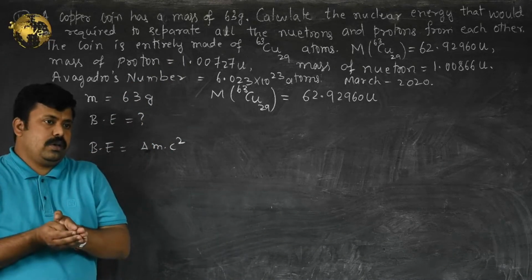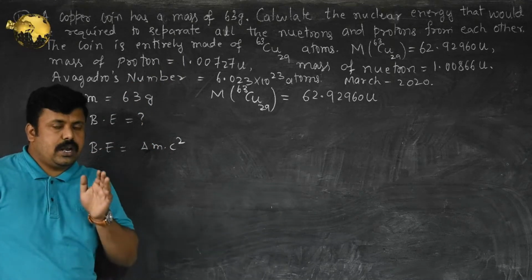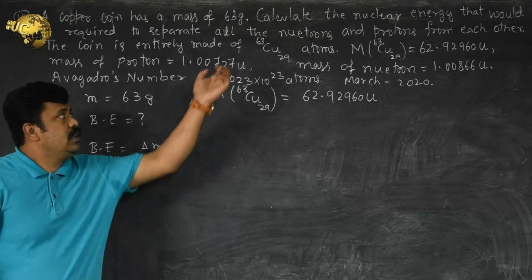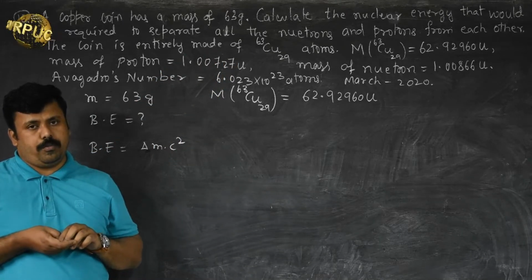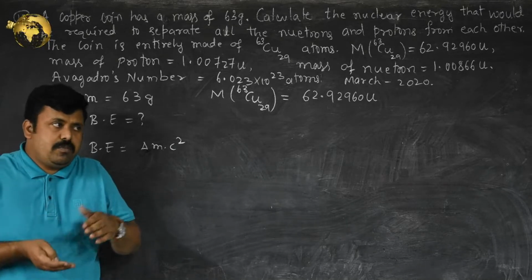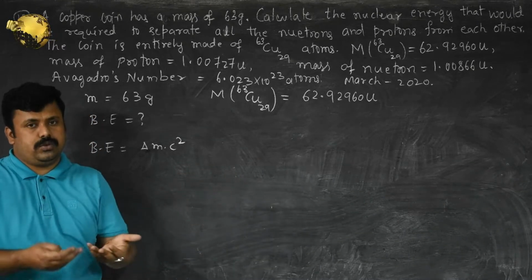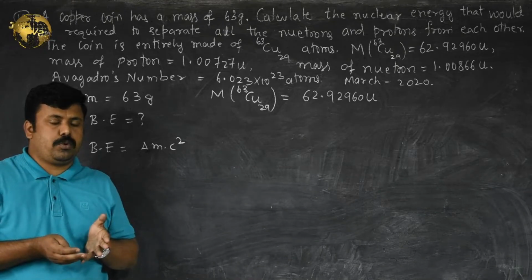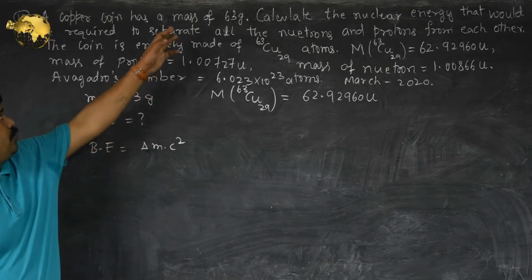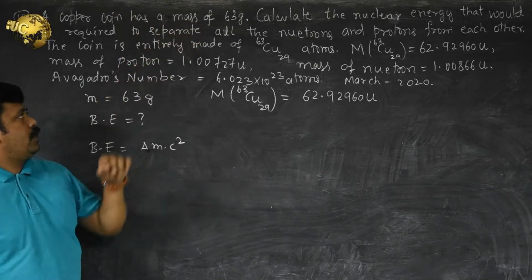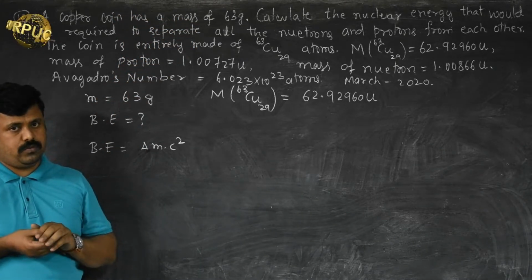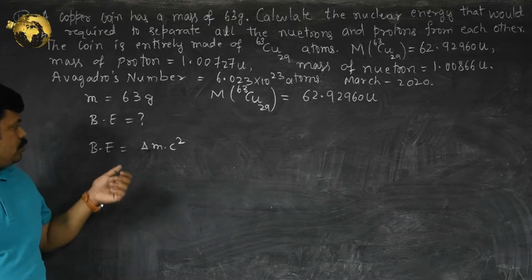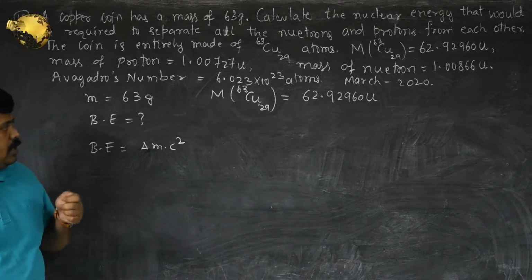So what we need to do is find out the number of atoms present in 63 grams of copper coin. Then we multiply the binding energy with that number. So we get the binding energy required to separate all the protons and neutrons of a copper coin of mass 63 grams. So first, what we need to do? We need to find out the number of atoms.